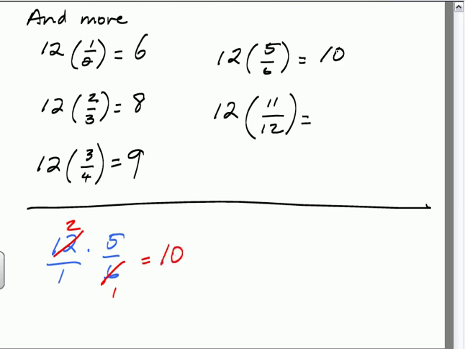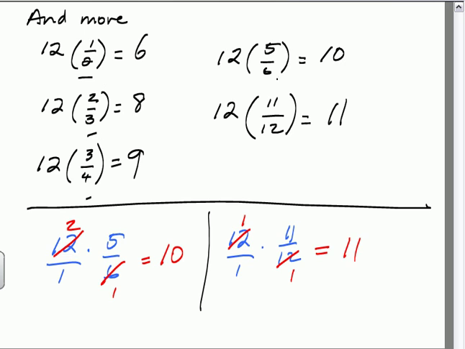Let's do the last one. 12 times 11 over 12, throw that over 1, and like every time, the 12 can be divided by 12, and we end up with 11. Taking all of these fractions and multiplying them by 12 gave us nice numbers as our answers.